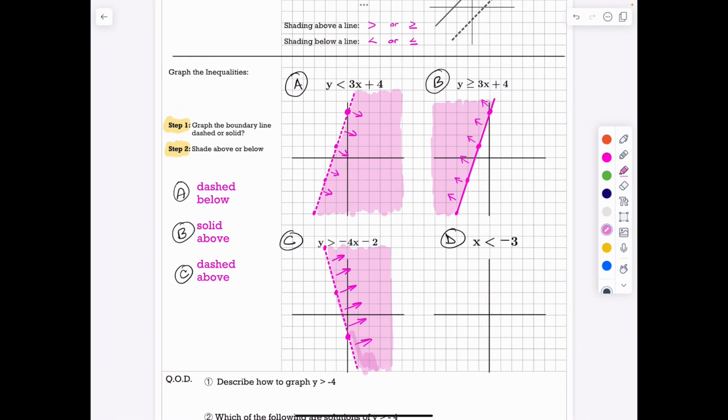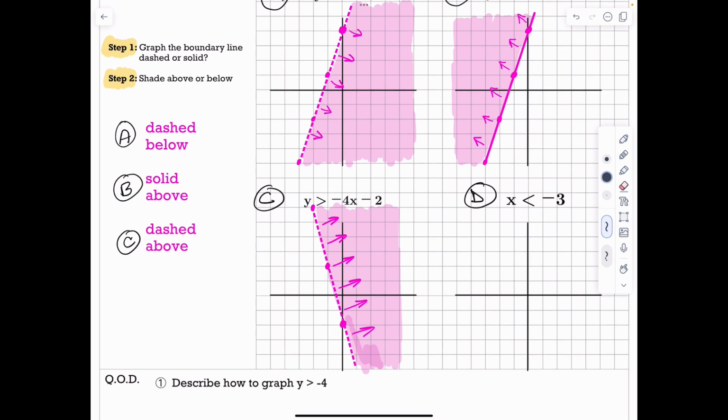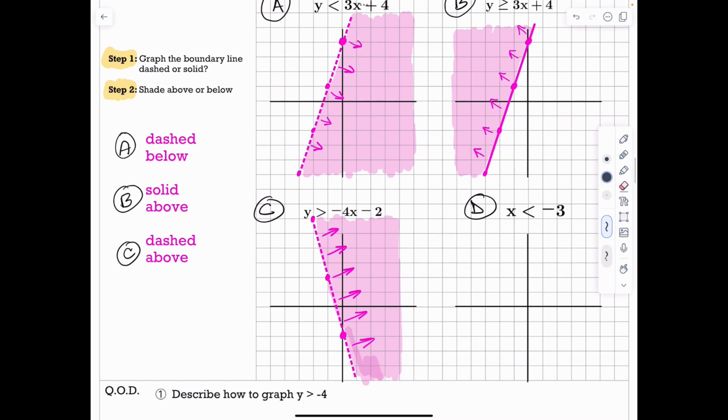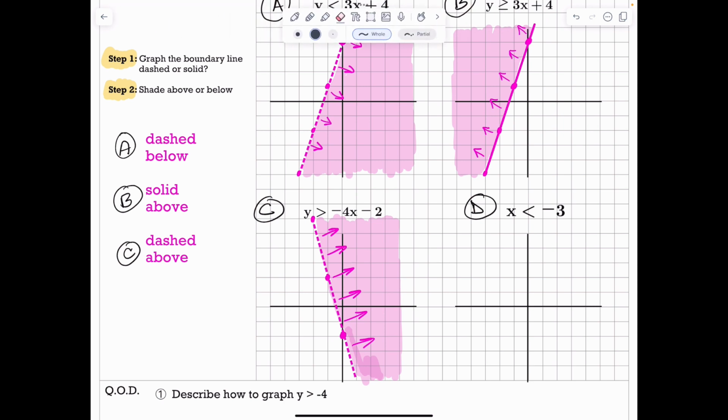Okay. All right. Letter D. x is less than -3. So this one's a little different. It's not y is less than or y is greater than. It's not that, it's x. If this were a linear function, that would be a vertical line. This is a linear inequality, and it's a vertical line. So I graph that point, -3, 0.